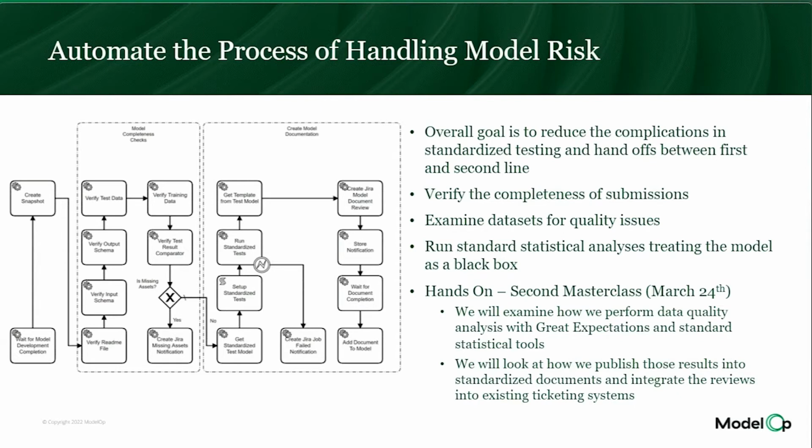If they didn't, we'll create a JIRA back to the original user and say, you need to provide X, Y, Z. Never even involve the second line. They didn't even have to get to it yet or look at it. That's some of the ways we can help streamline that process for model risk, so you can do basically more with less.